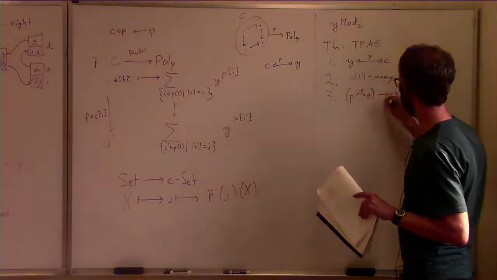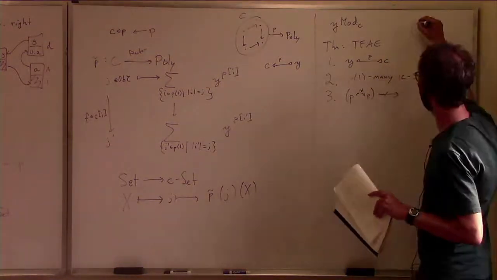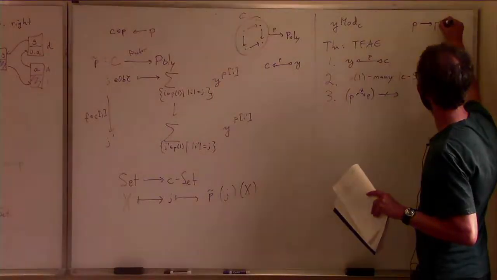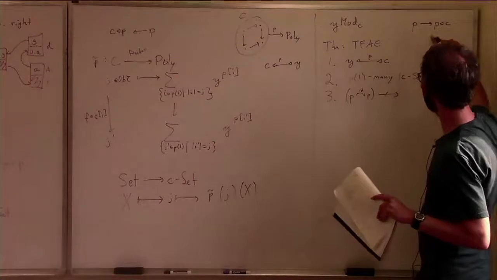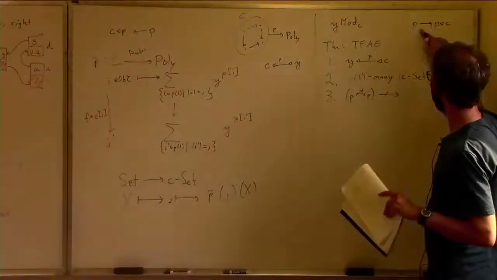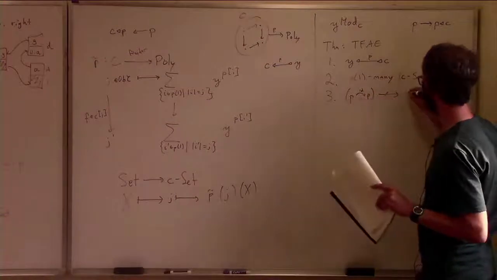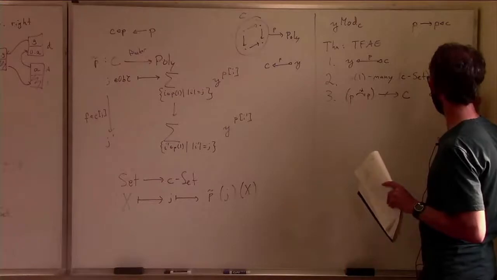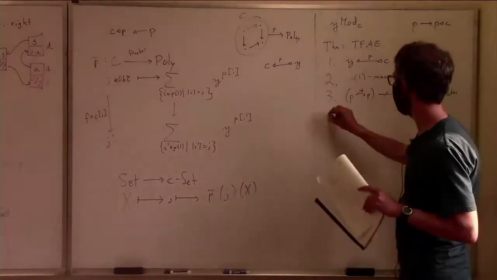So what am I talking about? We have this map from P to P composed C. And I can pull this side around in a funny way. And this is the notation for it. And cofunctors from that thing to C are also equivalent.